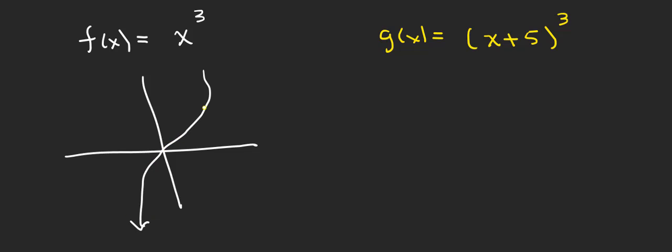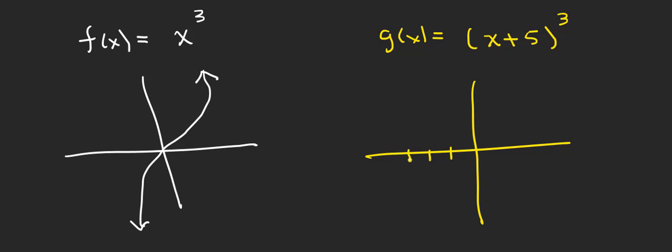What about quantity x plus 5 cubed? Well, you're going to move 5 to the left. And then it will look like x cubed, it's just that now you shift 5 to the left.